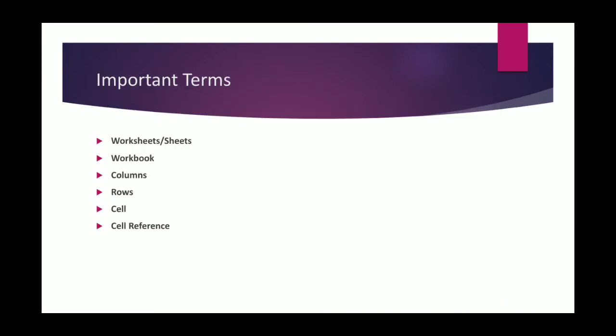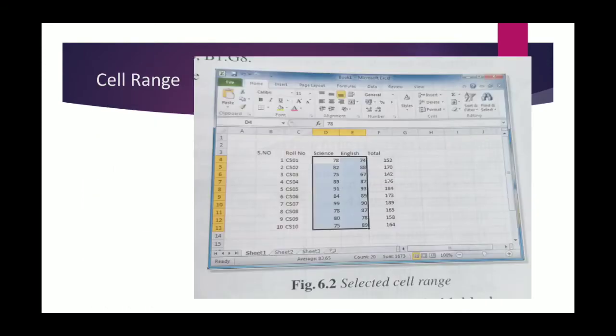Cell range. You can see the selected area is the cell range. A cell range is a collection of selected continuous cells. Every cell range has a name, just as every cell has a unique name and cell address.